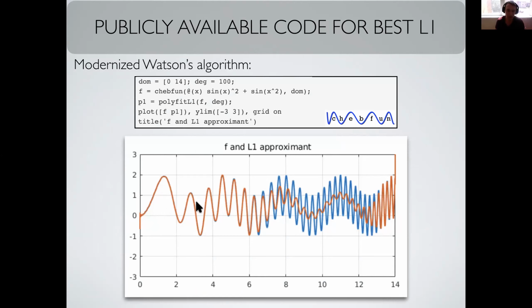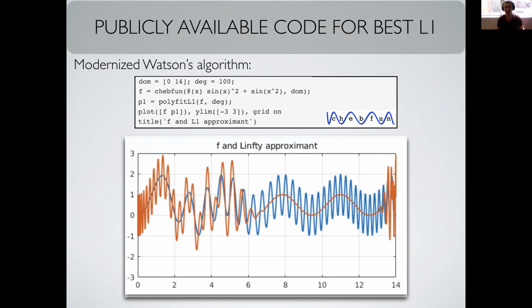So here I've taken an oscillatory function, and even though I've under-resolved it, so this cannot be represented accurately with a degree 100, you can see that the best L1 is matching the function as much as it can, and then it gives up in between. Compare that to the minimax, where the minimax approximation just gets it wrong globally.